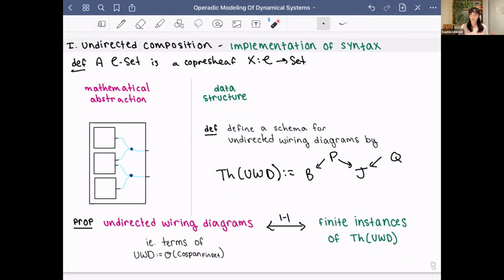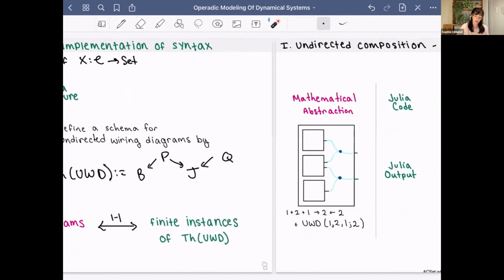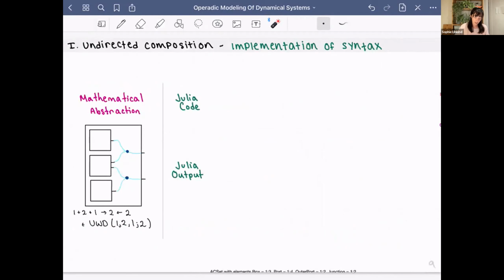So let's finally look at some code and see how we will implement this in Julia. So again, we have this mathematical abstraction of the undirected wiring diagram, and let's look at the Julia code for how to produce it. In CatLab, there's an @relation macro, which is designed to specify these undirected wiring diagrams.